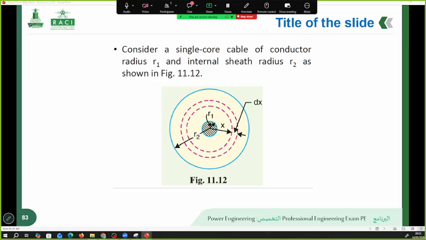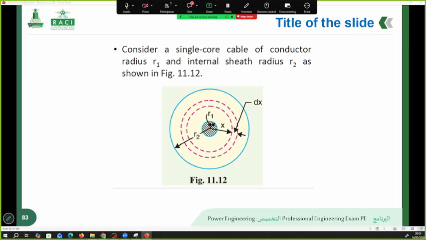This figure also shows an intentional small cylindrical shell of insulation at a radius x with a thickness of dx. This elemental shell is included to help in the mathematical calculation of the total insulation resistance.